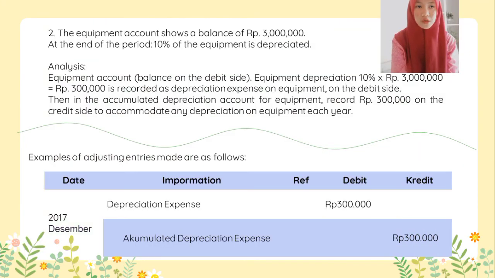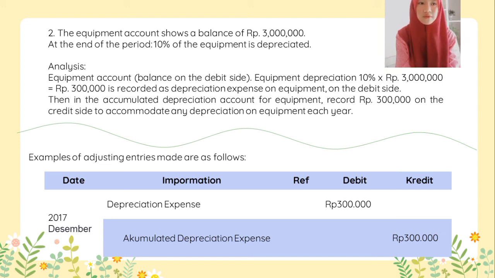2. The equipment account shows a balance of 3 billion at the end of the period, and 10% of the equipment is depreciated. Analysis: equipment account balance on the debit side, equipment depreciation 10%, multiplied by 3 billion, amount 300, is recorded as depreciation expense on equipment on the debit side.